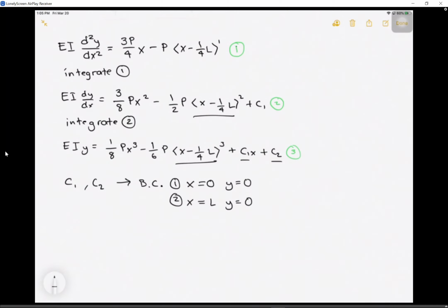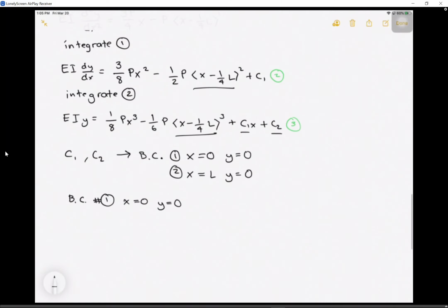For boundary condition number 1, x is equal to 0, y is equal to 0, so we can substitute that into equation number 3. We don't have any other choice because equation number 2 has the slope. Equation number 3 has the deflection, which is y, and we have y is equal to 0.